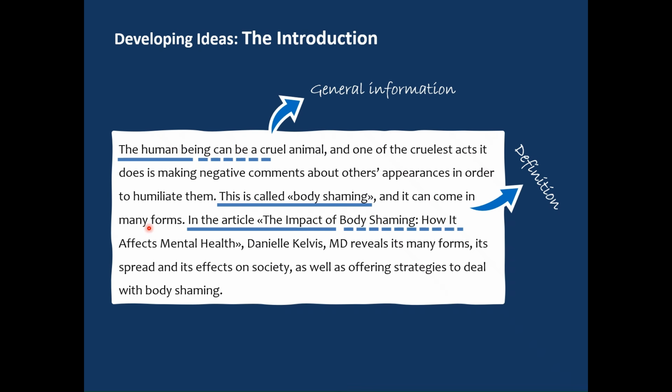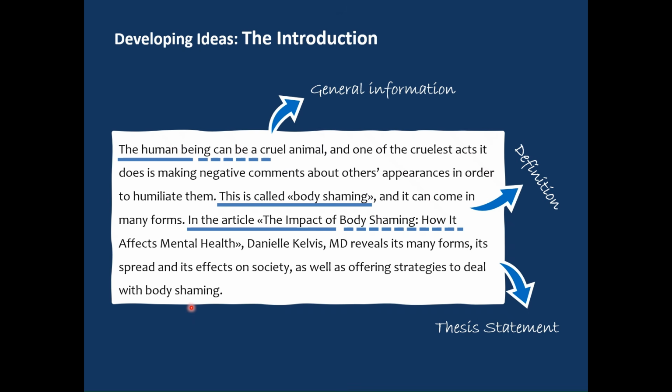Finally, in this paragraph, we have our thesis statement, which mentions the article by name, mentions the author by name, and gives a general organization or information about the paragraph, its spread, its effects on society, as well as offering strategies to deal with body shaming.